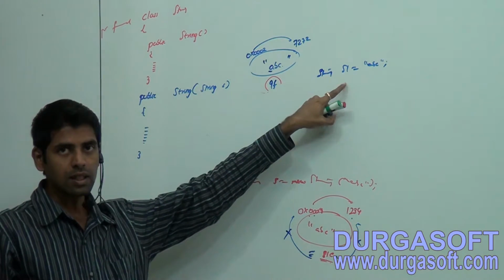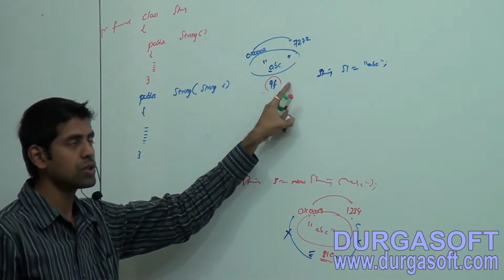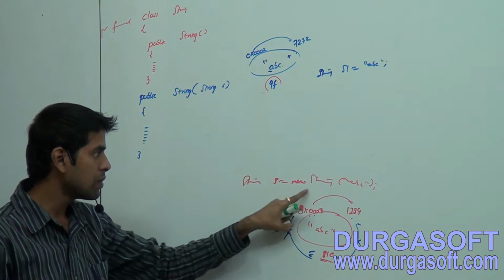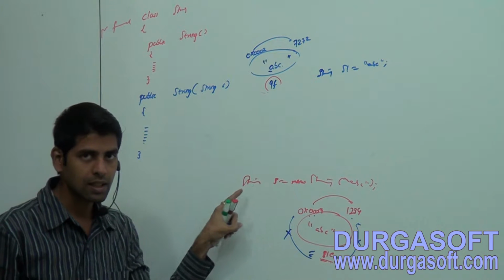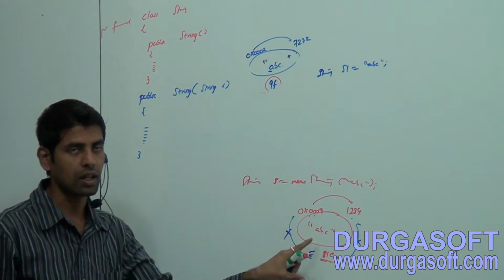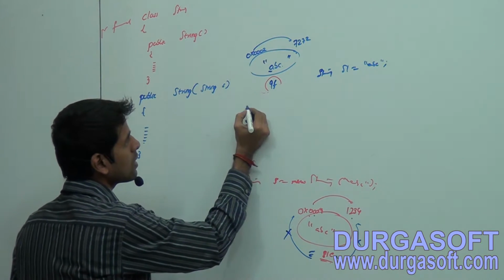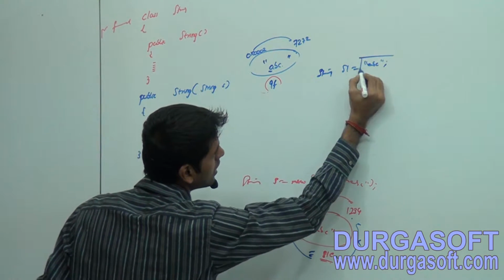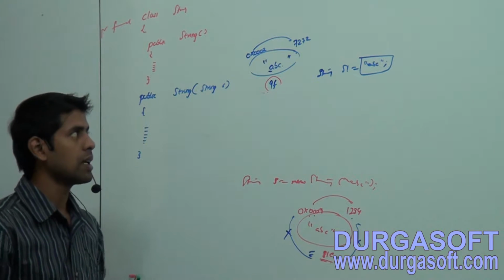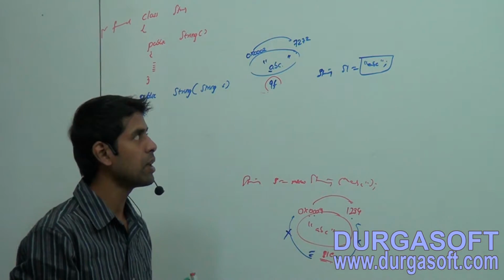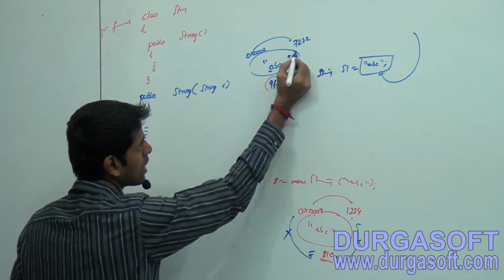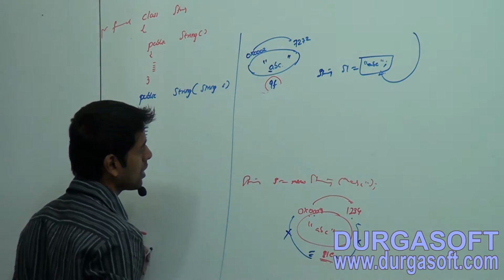Because of this statement, this object is created in memory, and because of this statement, this object is created in memory. Because of this literal statement, whenever the JVM encounters it, it will create an object in memory.